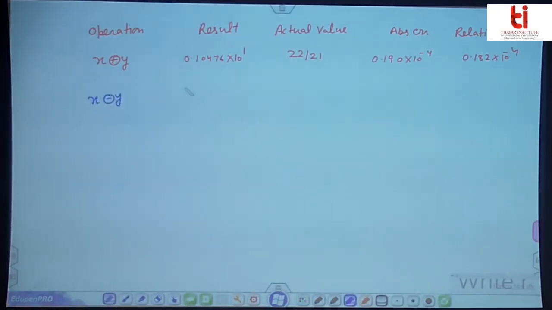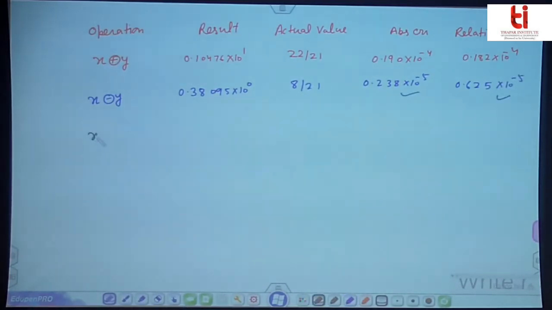You can do it by yourself, I am just providing you tables so that you can verify your result. 8 upon 21, 0.238 into 10 raised to the power minus 5, and 0.625 into 10 raised to the power minus 5. So this is the absolute error and relative error.